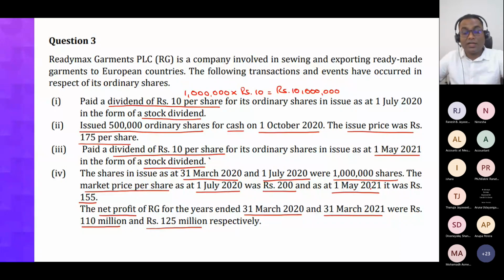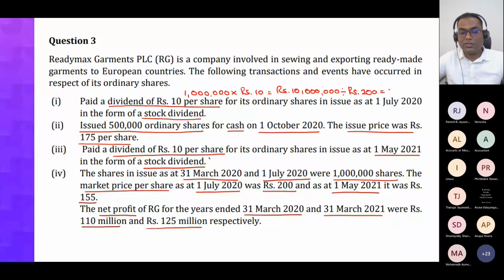Then 1st May 2021, subsequently 155. To decide how many shares to be issued, the market price per share is 200 rupees per share. So 10 million is the total amount of dividends to be paid, 1 million shares, 10 rupees each. Per share price on 1st July 2020, 200 rupees.